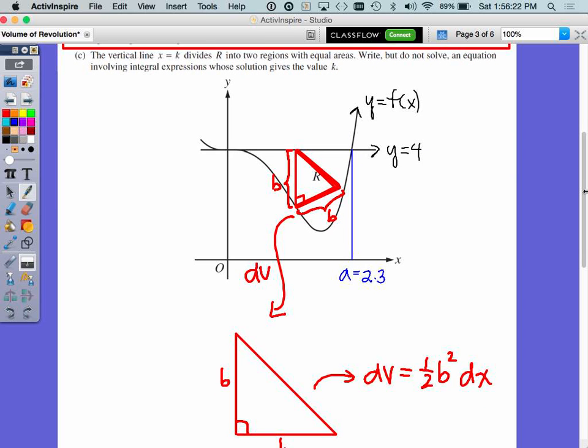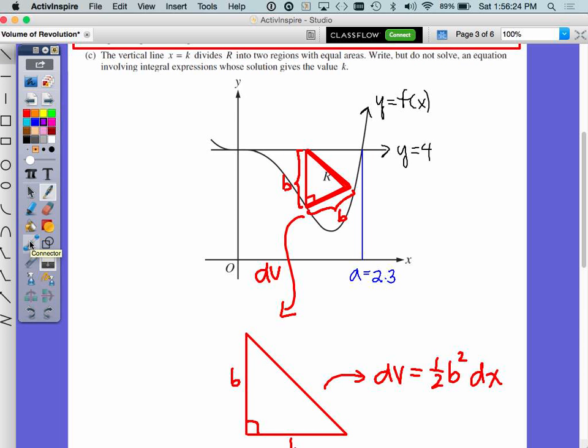So I can come back up to the diagram, and I can see here that in order to find the length of this base, I need to know 2 things. I need to know what is the height of the triangle and what is the height to the bottom of the triangle. If I look at this, I recognize that there are 2 separate heights that I have to deal with. To the top of the triangle, that distance is always going to be the same, and that's going to be 4. And we can see that as our slice here moves through this region, the top of the triangle never changes.